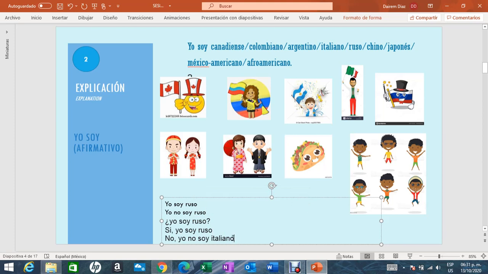No, yo no soy ruso. And what is it that the figure has in its hands? I don't know. It looks like a magic wand. Oh, I have no idea. Sorry for the ignorance. But I really don't know.